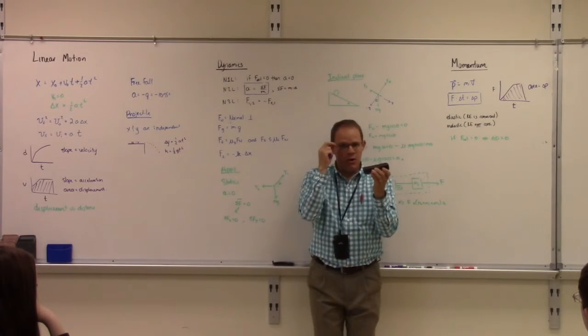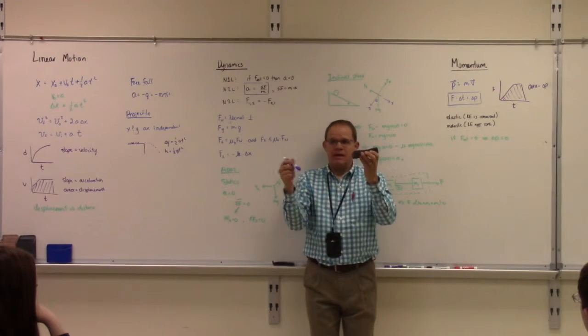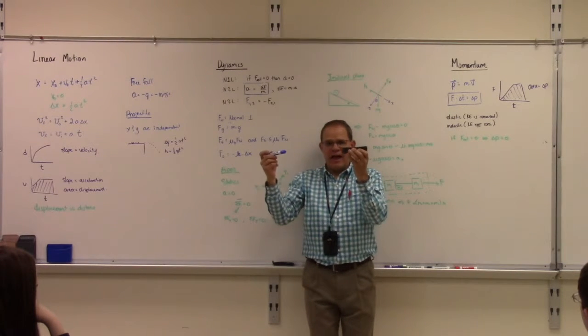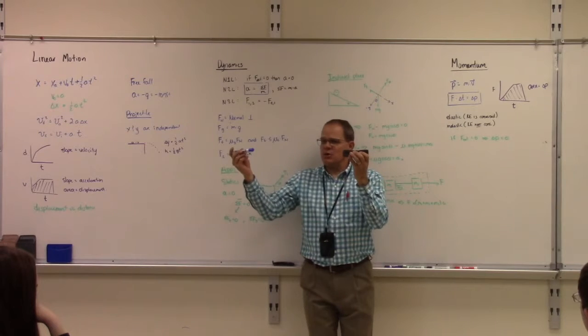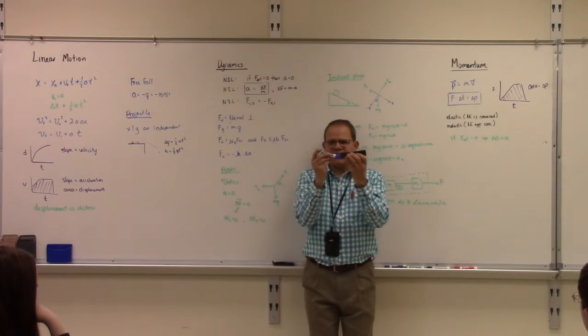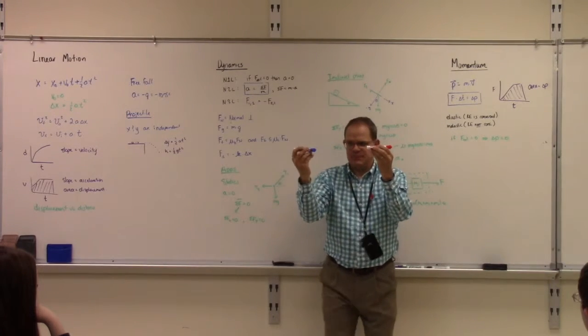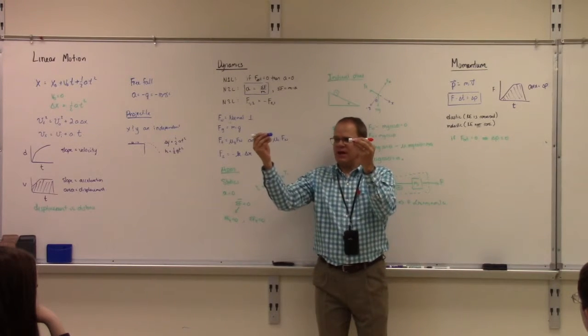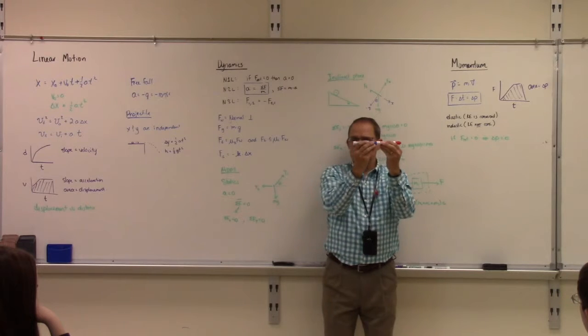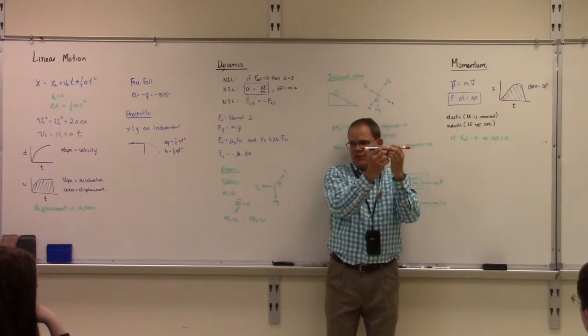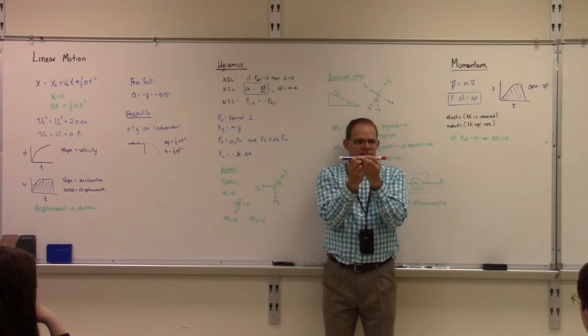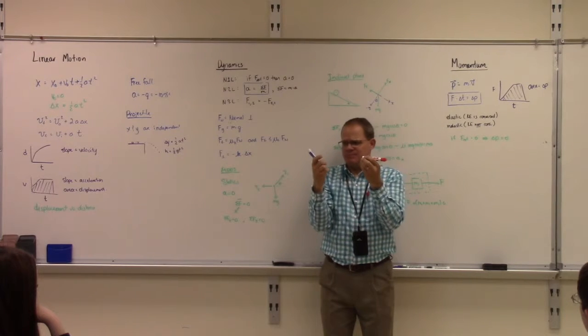Okay? Now here's an important application of that. If this comes along and it sticks, let's say it's going 10 miles an hour and it sticks and it's going 5, oops, let me do this. Equal mass. Sitting still, moving 10 miles an hour. Sticks, and now they're going 5 miles an hour. Okay? Meters per second.